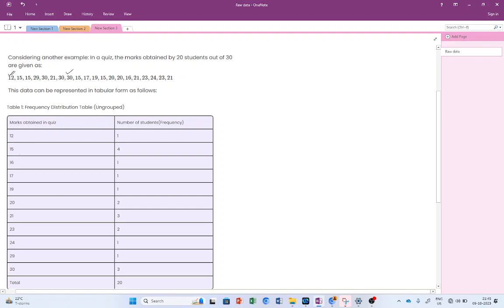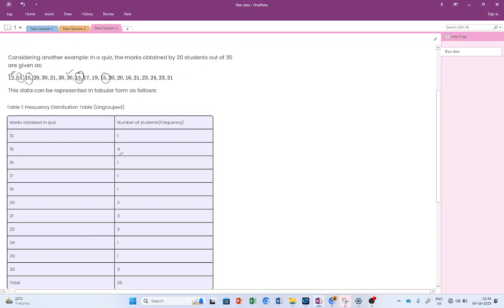But for 15 marks, you can see the first student, second student, third student and fourth student, so there are 4 students who have scored 15 marks. So when I write marks 15, I can write 4 in the number of students. Likewise, for each and every value you can write how many students have scored those marks, up to the maximum mark of 30.